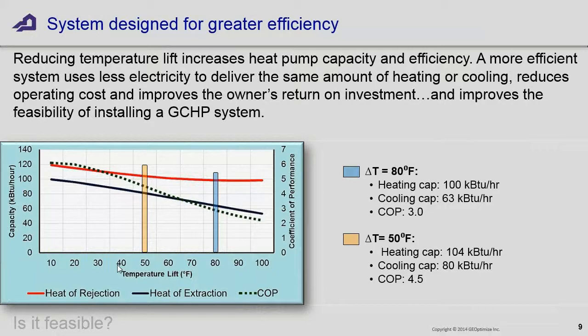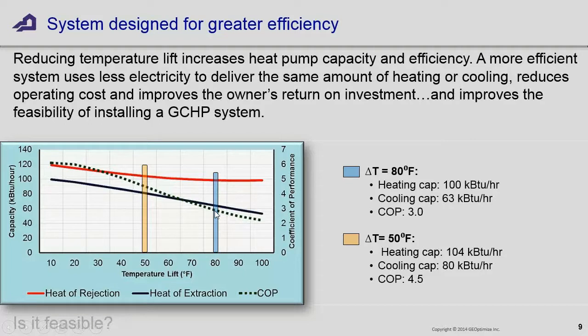For example, if you've designed a system where the ground loop in the winter is going to get down to, let's say, 40 degrees, and you're needing 120 degree water because that's what your air handlers are going to require to deliver the BTUs that you need, you've got an 80 degree temperature lift. That heat pump is going to run at a COP, the COP is this line right here, the dotted line. It's going to run at a COP of less than 3.